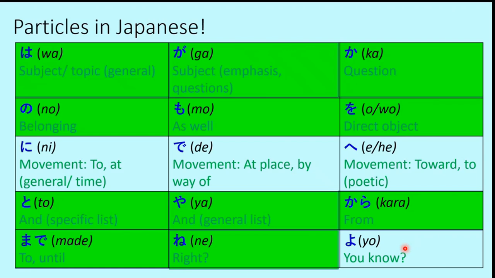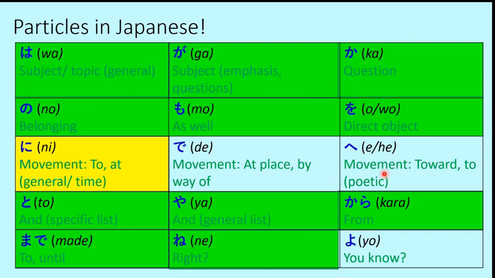Friends, this is our well-known table of particles in Japanese, and the green ones indicate we have discussed them in our previous lessons. And today we are going to discuss the particle ni. As you can see here, this entire row, ni, de, and he, all three of these represent movement in some way.